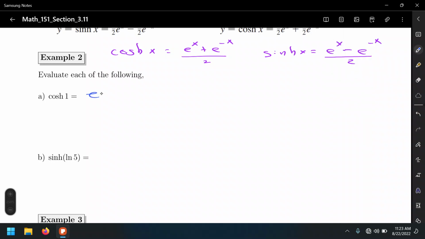That's all we do. e to the first plus e to the negative 1, over 2. In this case, e to the first power is simply e. e to the negative 1, you might want to rewrite as 1 over e, over 2. This is a complex fraction that we still need to simplify.